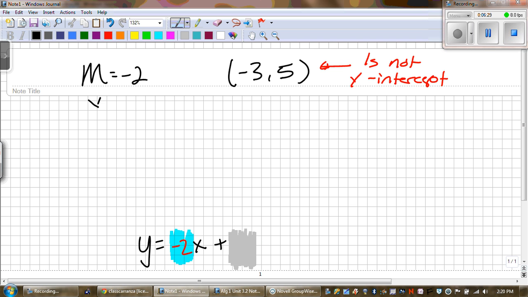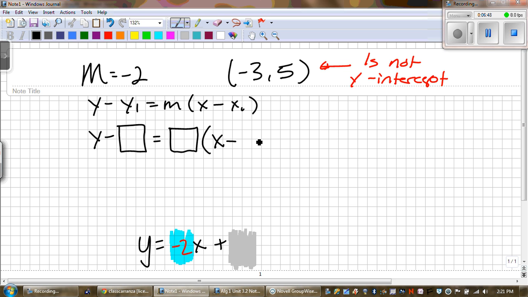What you would do is plug into y minus y1 equals your slope times x minus x1. And a lot of the times, the way Ms. Carranza and I write it, it's y minus, we'll have a blank, equals the slope times x minus another blank. And just know which one is your x1 and which one is your y1.